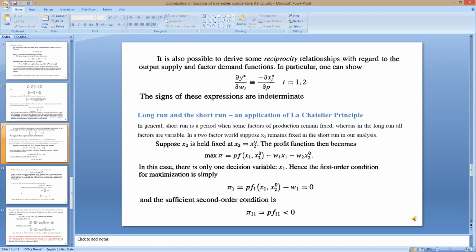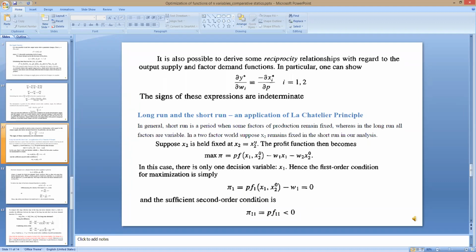So this is the context. In the short run, some of the factors of production are considered to be constant, whereas in the long run, all factors of production are variable. Now, this is a simplified model. We have only two inputs, X1 and X2. I mentioned X1 is equivalent to L and X2 is equivalent to K. So, to differentiate between the short run and the long run supply function, for the time being, we are considering X2 to be constant at X2 naught.